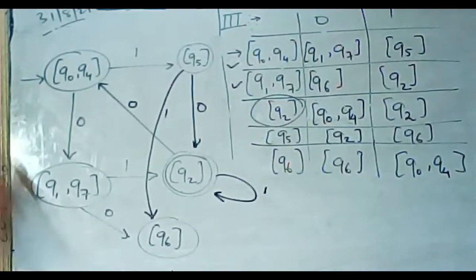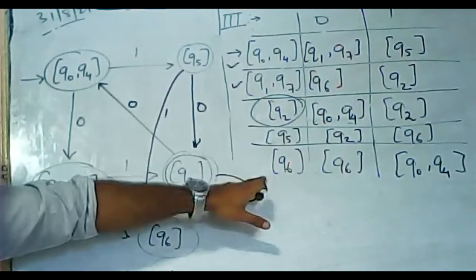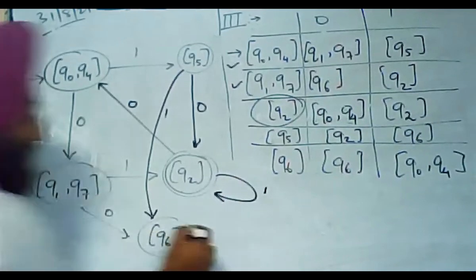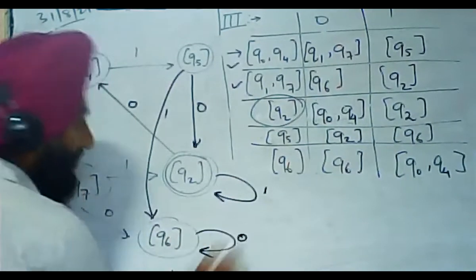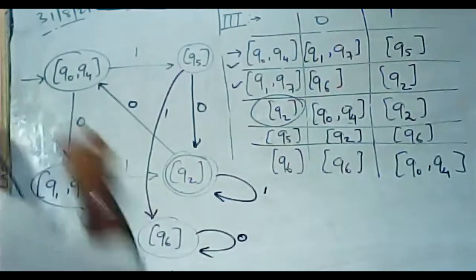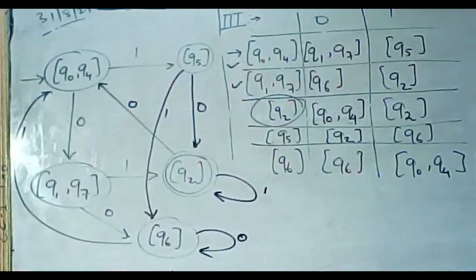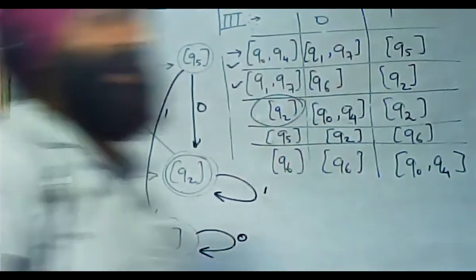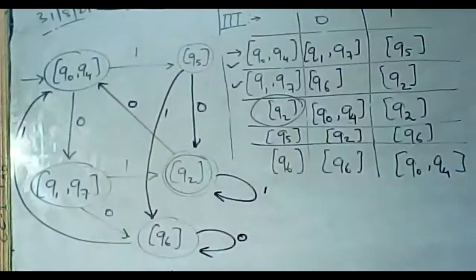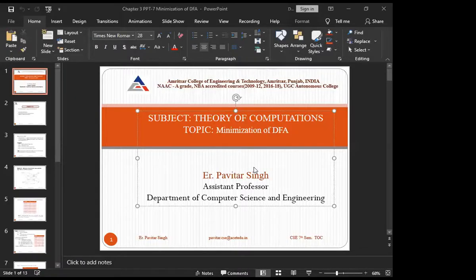Next, last row, Q6 upon the processing of 0 is going to itself, and upon the processing of 1 it is going to this state. So this is your new transition diagram for the given table. So let me show you the PPT again.